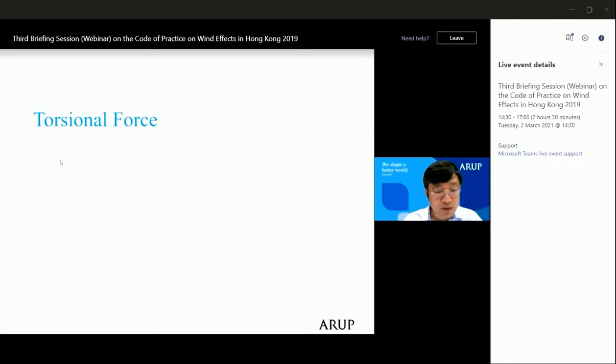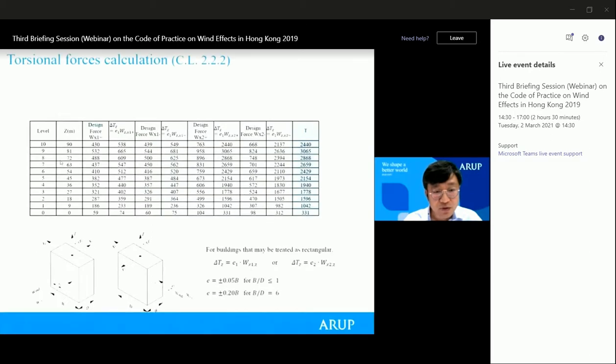Further on, we can keep calculating the torsional force. The calculation of torsional force, as explained in Alexis' briefing session before, is relatively simple because we can just shift the lateral force with the eccentricity. The eccentricity is related to the planar dimension ratio, the B over D ratio.